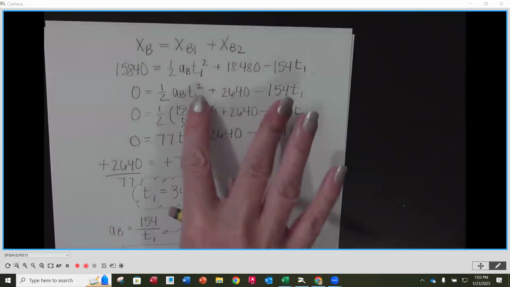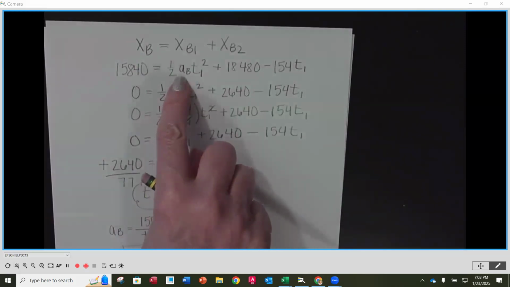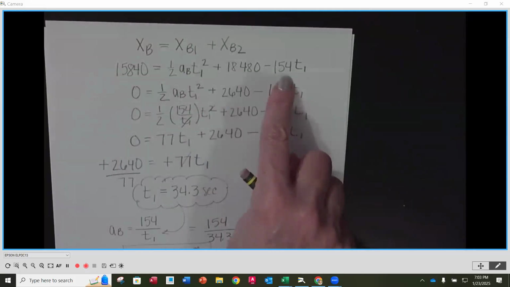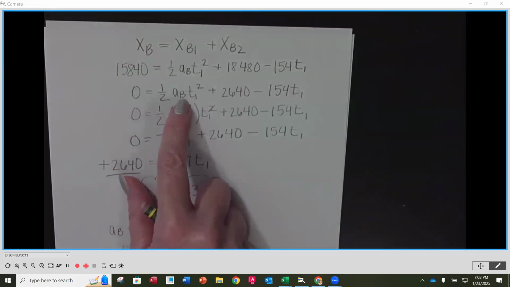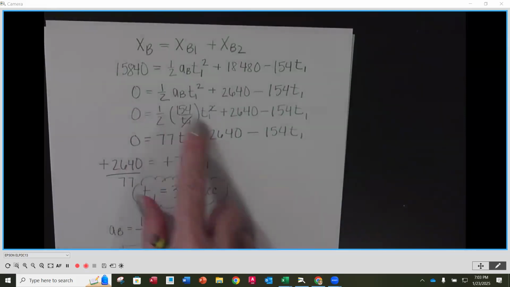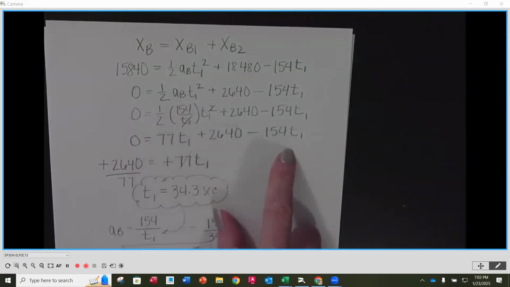And then we saw that we had AB, the acceleration of car B, times T1 in our problem. But because we had identified AB in terms of T, we could do this substitution at this point right here. And then we got down to a common variable of T1, and then solving for our T1, 34.3 seconds.